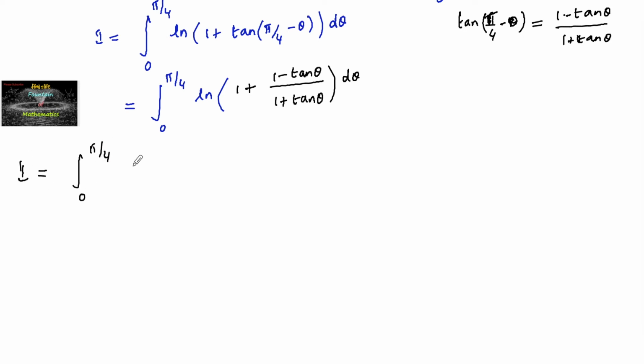So I is equal to integral 0 to π/4 of log of, let's simplify this. So we'll have (1 + tan θ) + (1 - tan θ) by taking LCM upon (1 + tan θ).